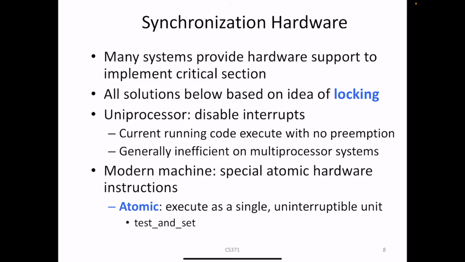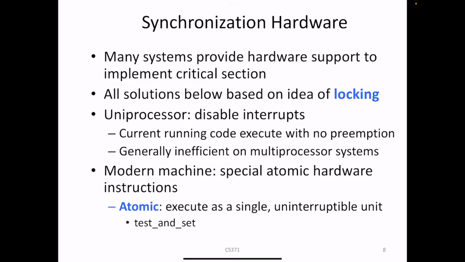Since interrupts have been disabled, the current process can execute in the CPU without any preemption. As long as the process wants to execute in the CPU, no one can kick it off the CPU, even the operating system. Since there's no preemption, we can guarantee there are no critical section issues.